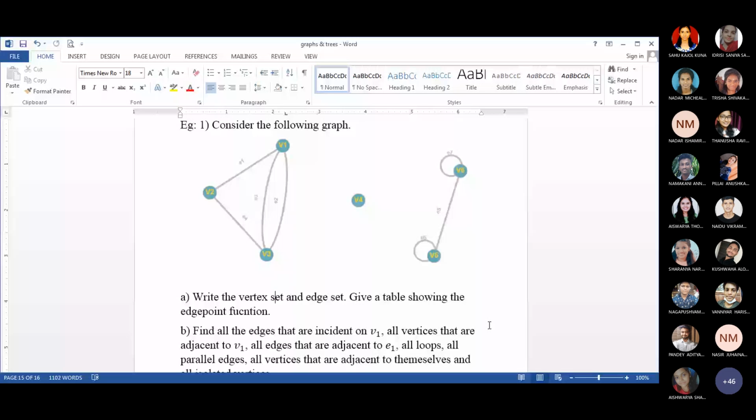Edges that are adjacent to E1. That means adjacent to E1 मतलब end point. Sir, your voice is breaking. एक मिनट, एक मिनट.